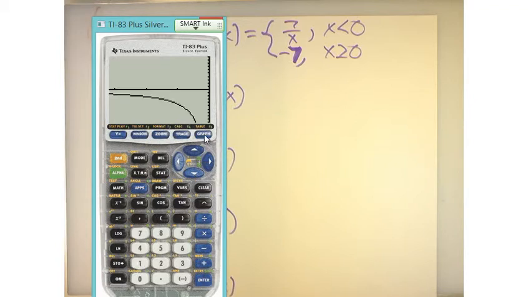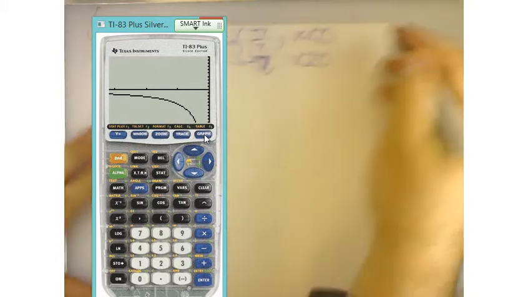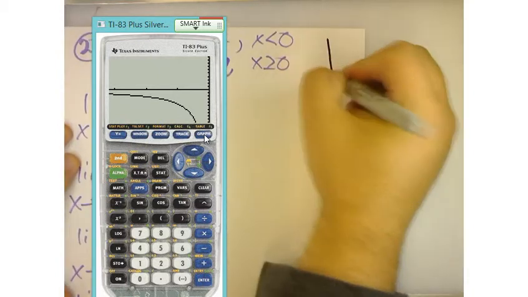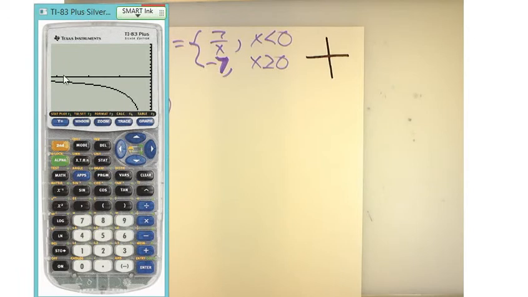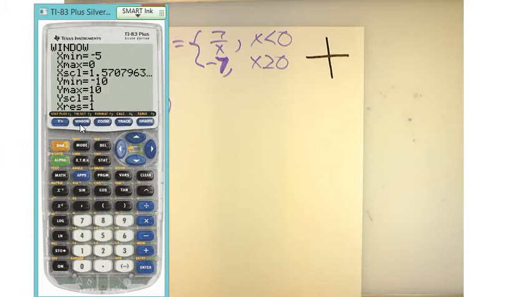So we see here a function that looks like this. Wait, what? My graph's like the opposite of that. It shouldn't be. Well, you got to set your window the way that I've set it.